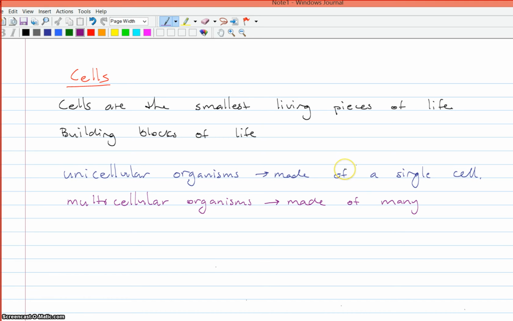A multicellular organism is made of many cells. And depending on the size of the object, that would say how many cells it makes up. So for example, with a human being, we are made of trillions and trillions of cells. Okay? More than you could possibly count.